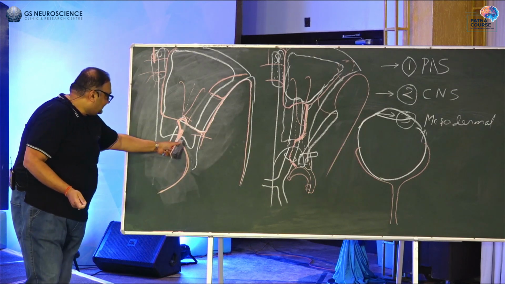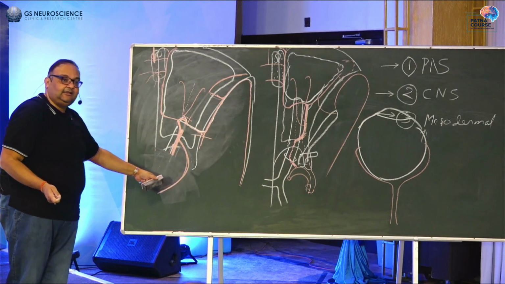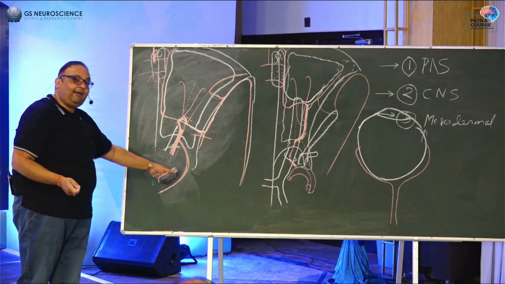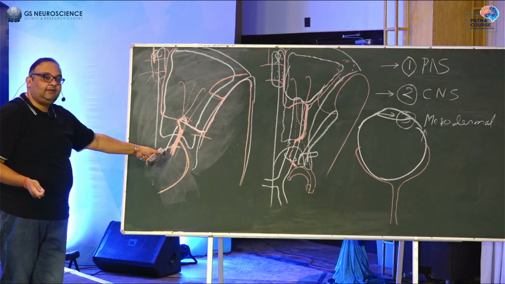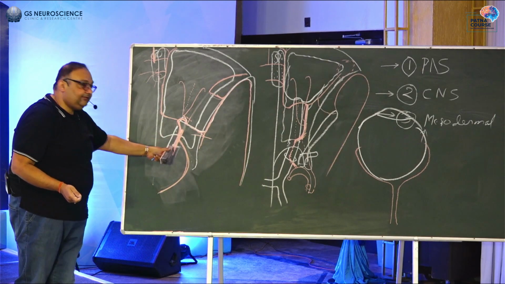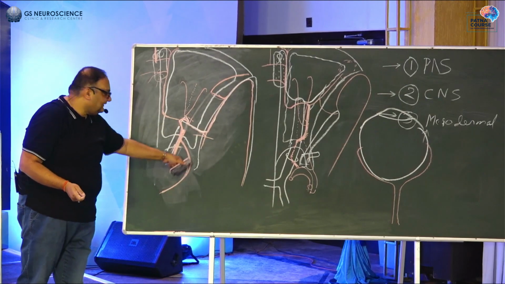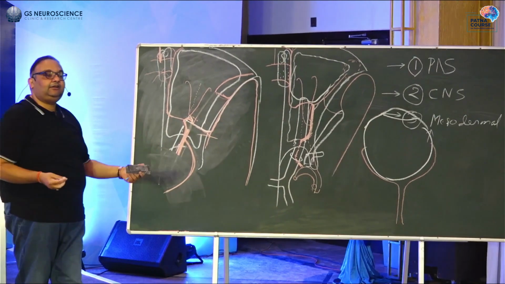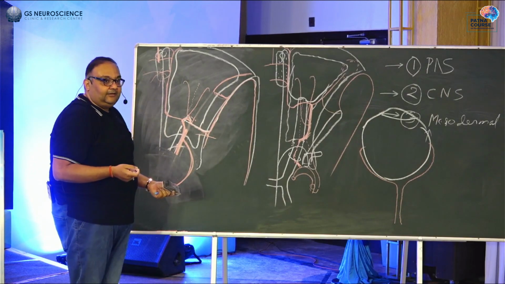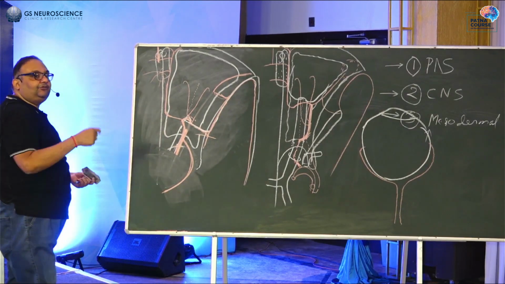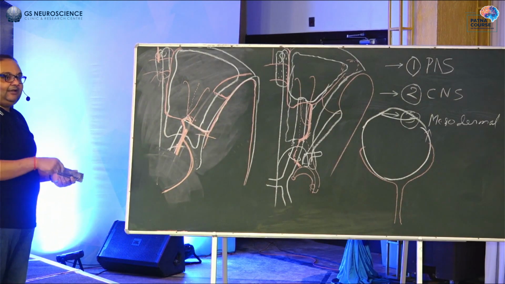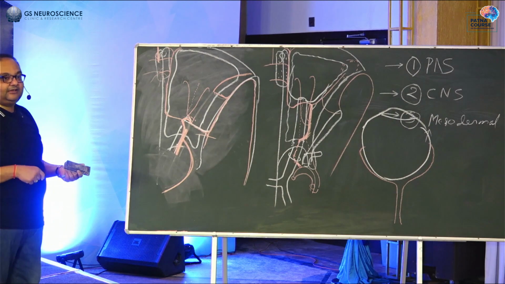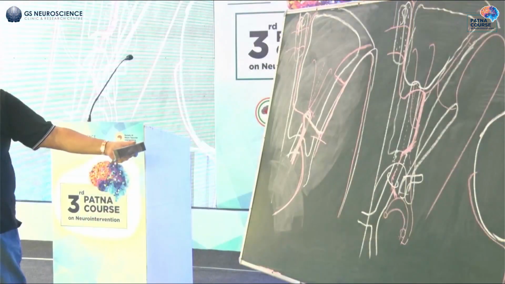Because if this anastomosis would have regressed, this would have been the orbital branch of the ILT. So the moment you have the whole ophthalmic artery originating from the cavernous sinus, it is basically a relic of the infralateral trunk. So in that case, if you are trying to find the ILT for embolizing a lesion on the middle cranial fossa, you will not find it, because that is the ophthalmic artery.